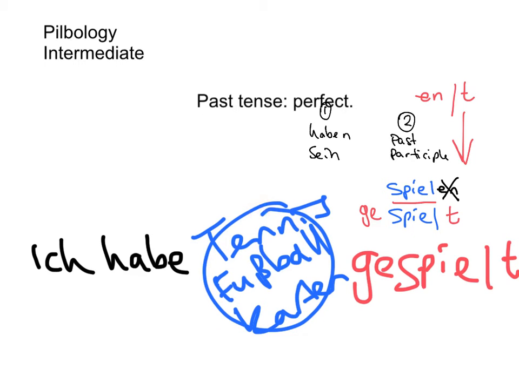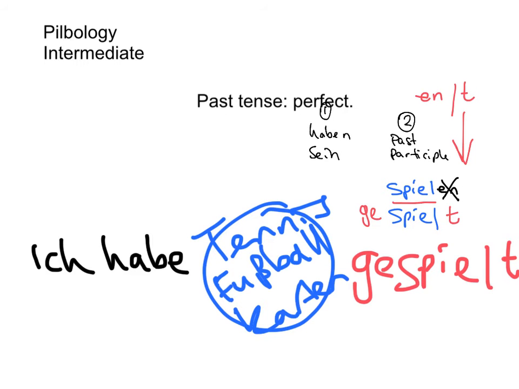Okay? The same rule applies for whether you have visited someone or you've eaten something. If you wanted to say, I ate pizza or I have eaten pizza, you would say, ich habe Pizza gegessen.